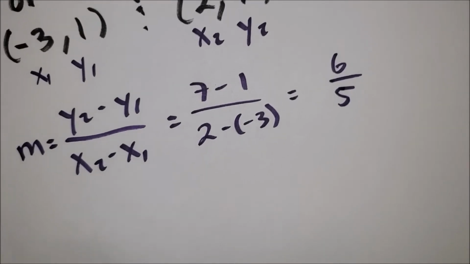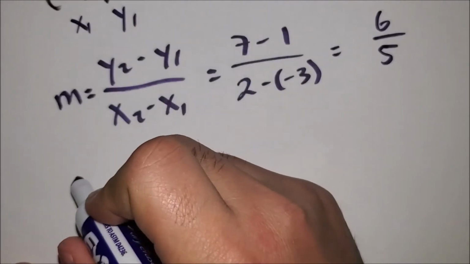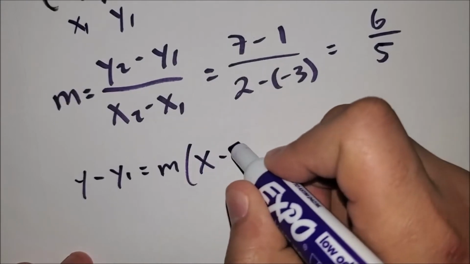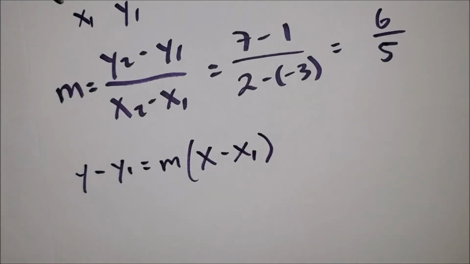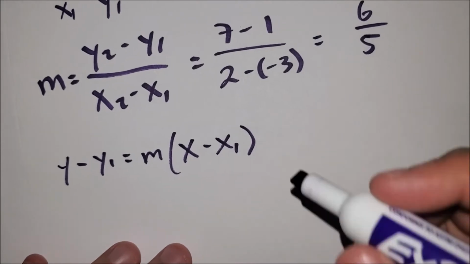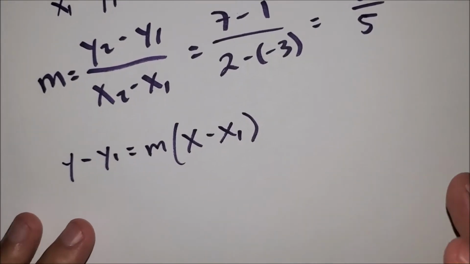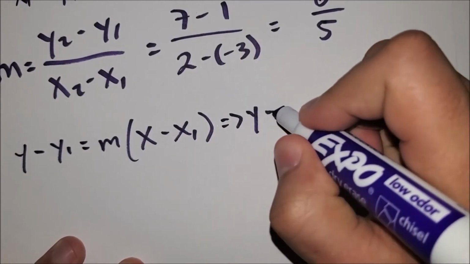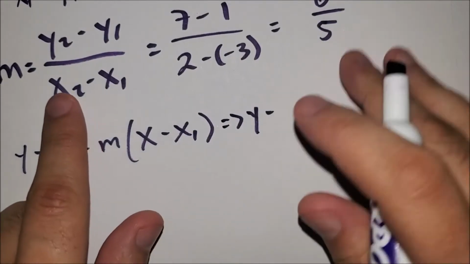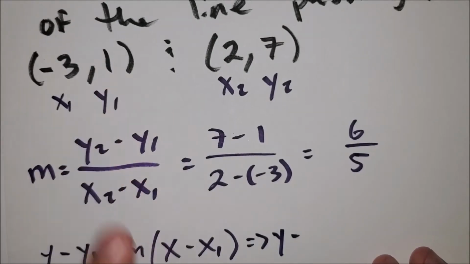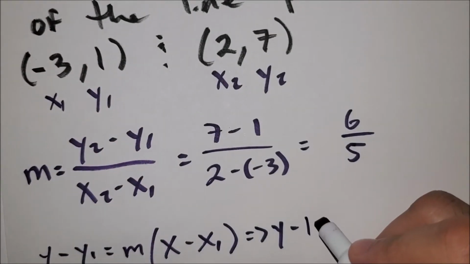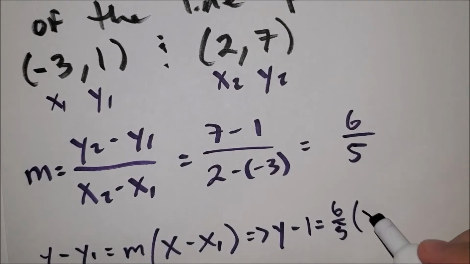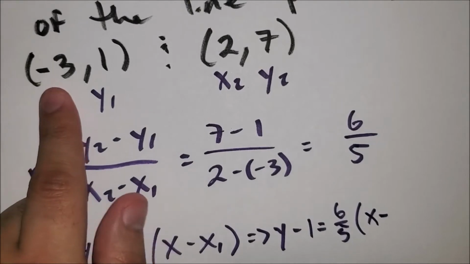Now we're going to go ahead and use our point-slope formula. So y minus y1 equals m times x minus x1. And we can start putting in some of our values. y minus, so we said y1 was 1, so we're going to say y minus 1 equals 6 over 5 times x minus, and then x1 is negative 3.